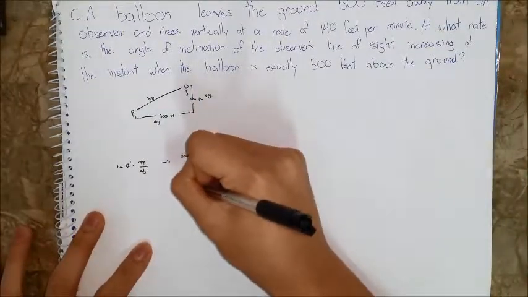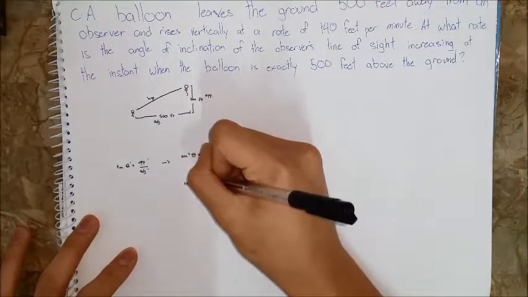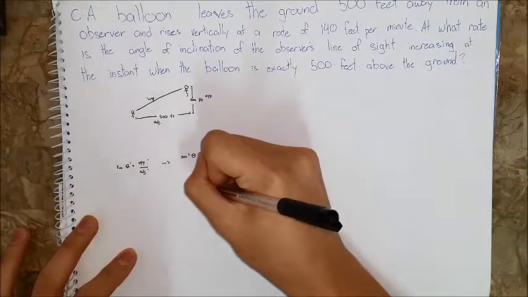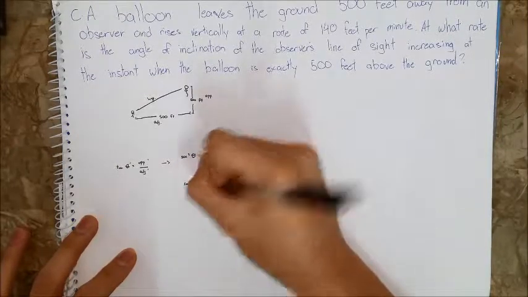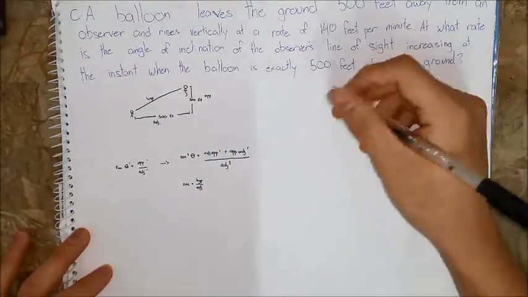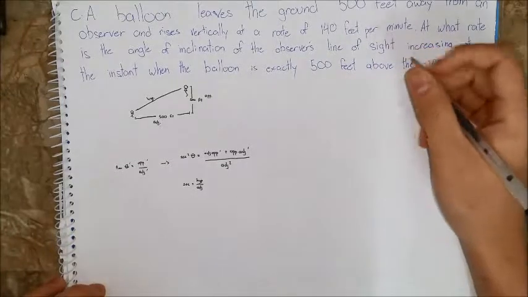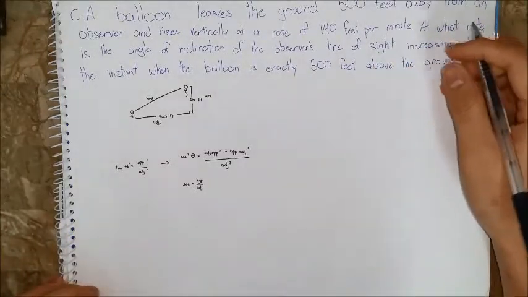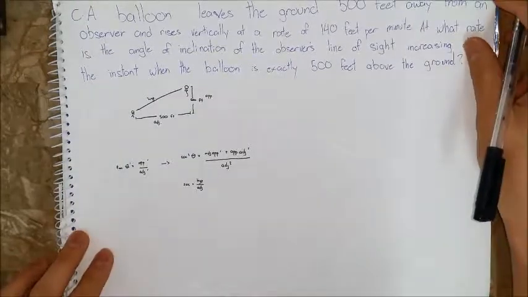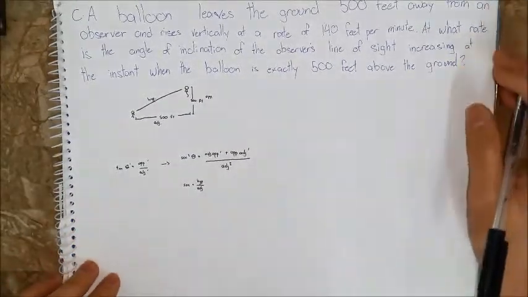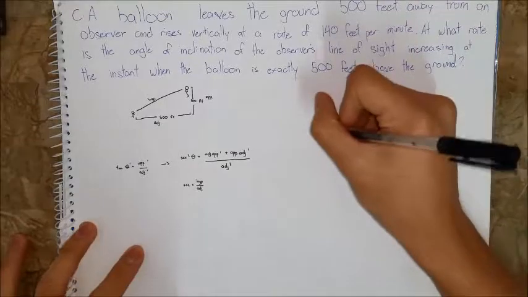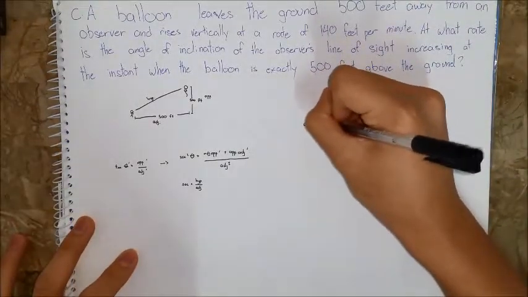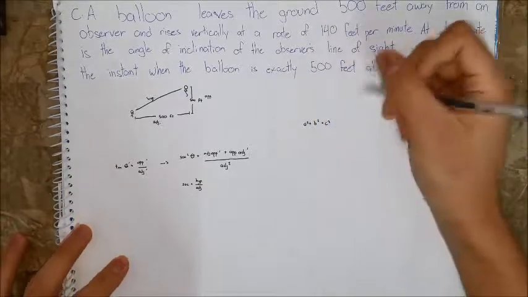To find the secant, it is hypotenuse over adjacent. So here we have to find the hypotenuse, and to find that, we go back to the Pythagorean theorem. The Pythagorean theorem is a squared plus b squared equals c squared.